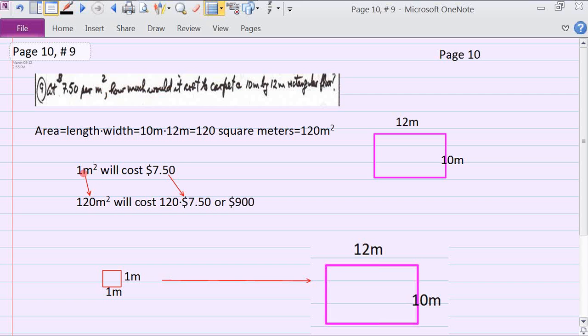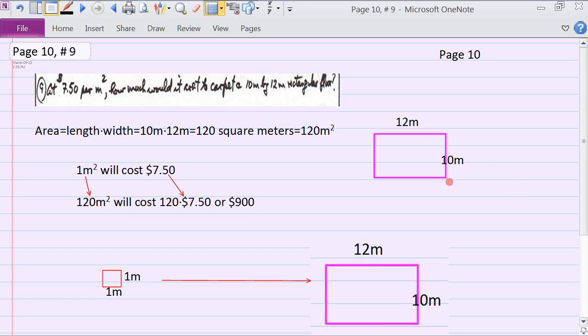If you want to buy 1 meter squared of carpet, it's going to cost $7.50. So if I want to carpet an area of 120, to go from 1 meter squared to 120, I'm going to have to multiply by 120. So I have to multiply this 7.50 by 120, which will give me $900.